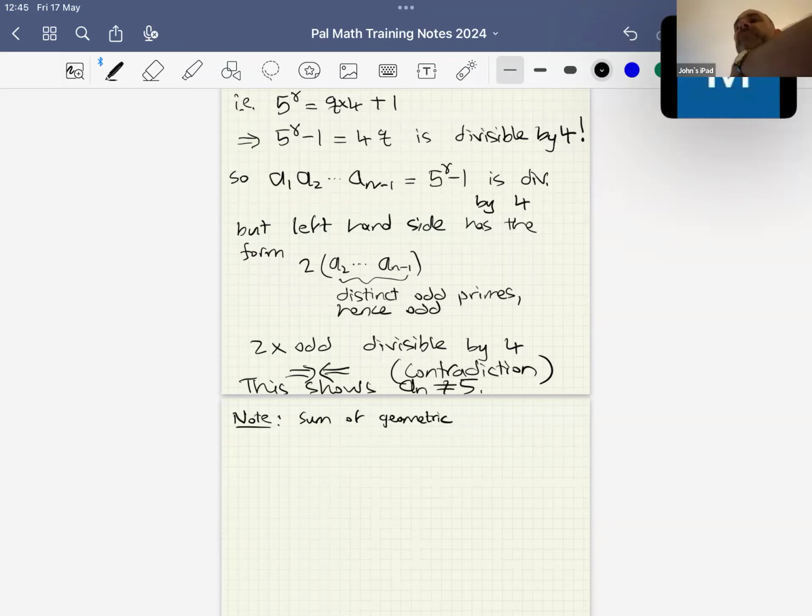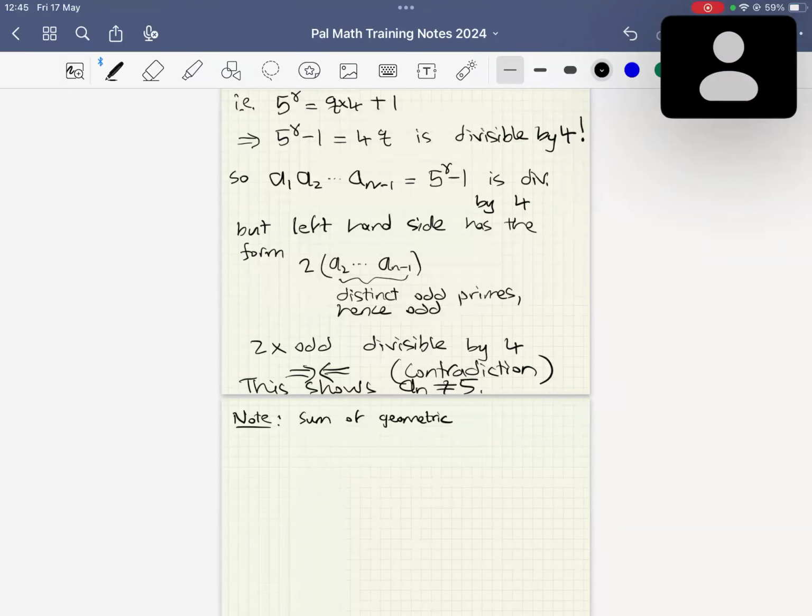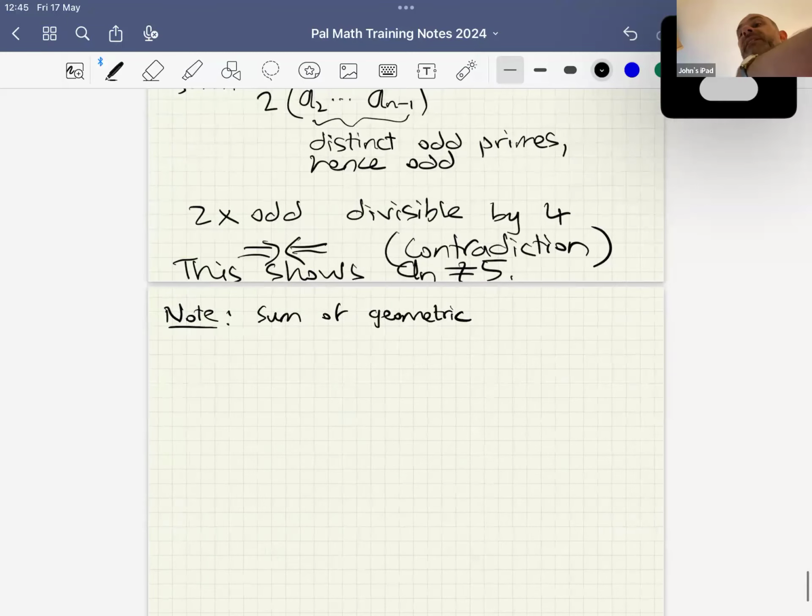It's a bit confusing, but this is a so-called proof by contradiction. Does that make sense? Yes. Okay, and that's a common style of argument, particularly in the Olympiad.